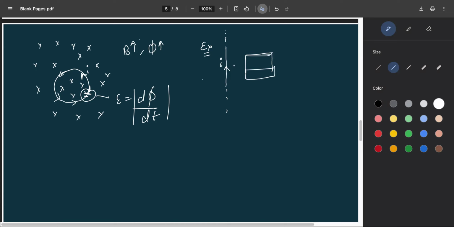In this, the current is increasing with time. Can you tell me what kind of induced current you are going to see in this loop? Can you tell me the direction of the induced magnetic field here? What is the direction of the induced magnetic field in this loop?